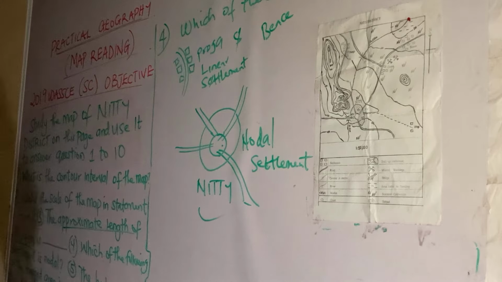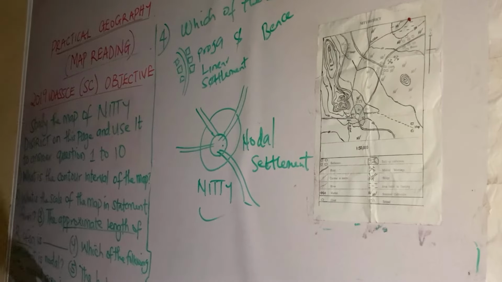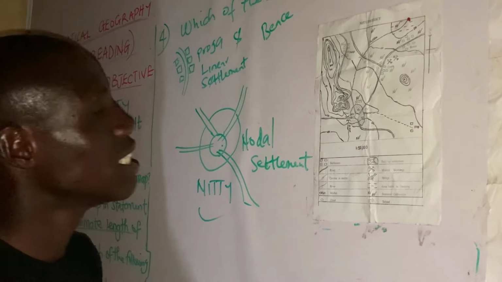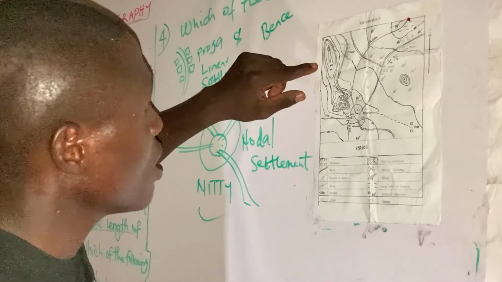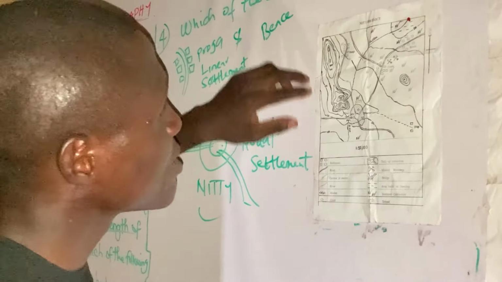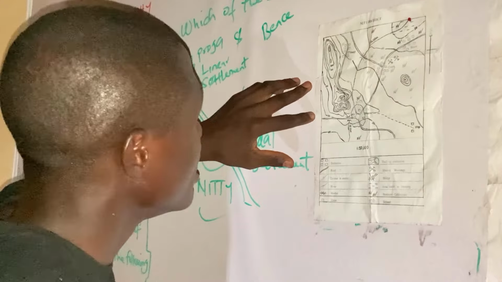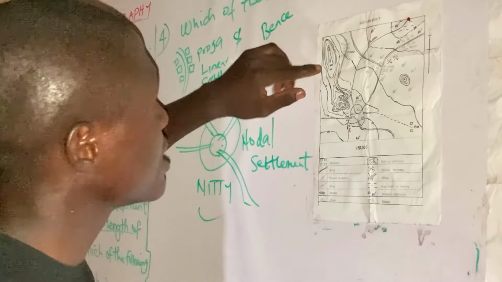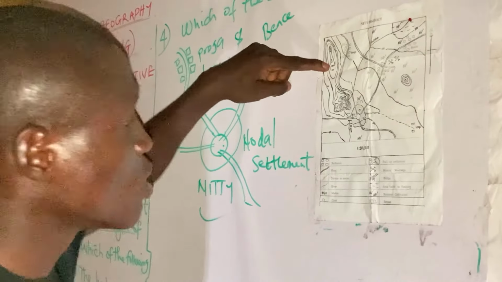We say question number 5. The highest elevation in the mapped area is approximately dash. Look at this. The highest point on the map is approximately what? You can see that the contour line that we have here is 100.